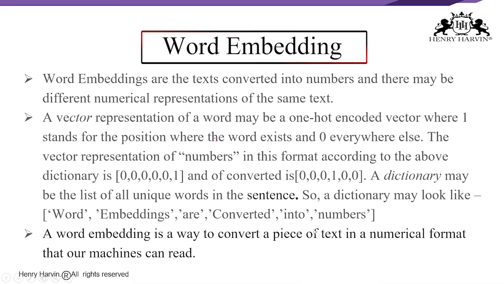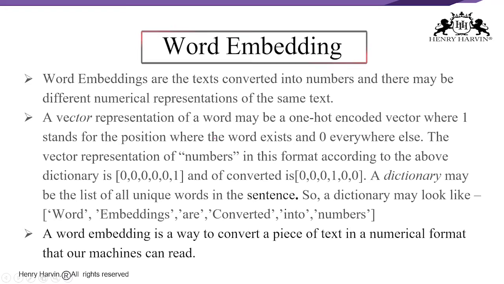Say I have this dictionary: word embeddings are converted into numbers. For numbers, I write 0, 0, 0, 0, 0, 1. For converted, it is 0, 0, 0, 1, 0, 0.